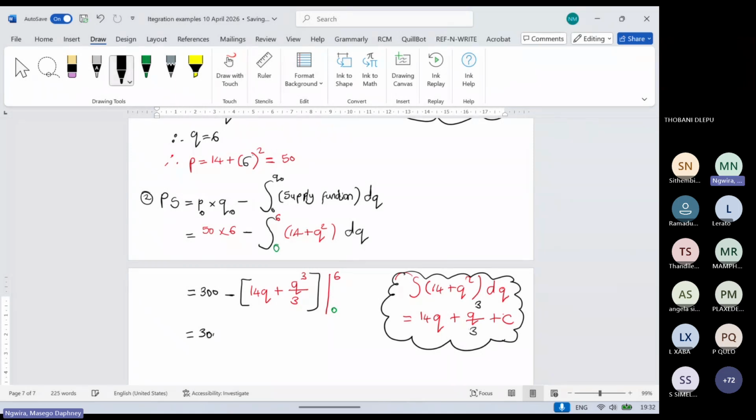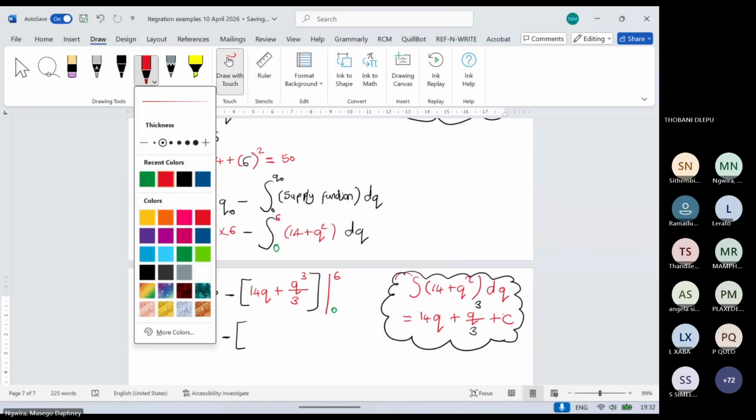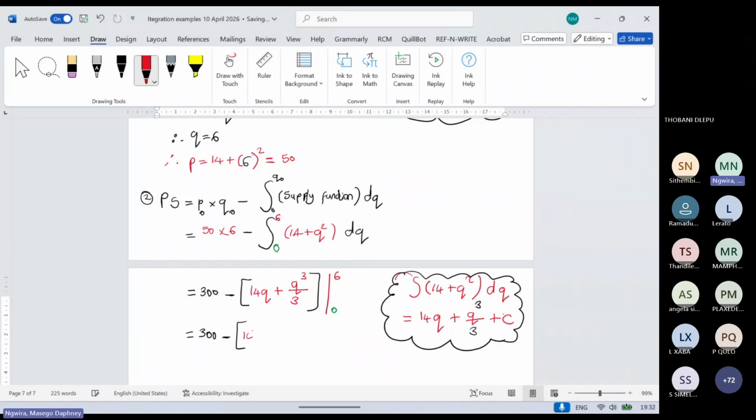And then now we can solve. This is 300, then minus, so now we are minusing. This will be 14 times 6, then plus 6 to the power of 3 over 3.